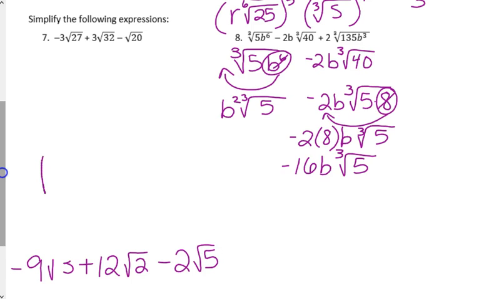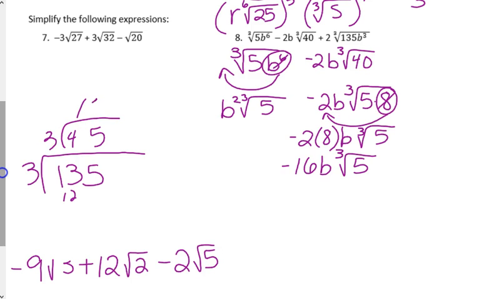So let's go ahead and do the prime factorization of 135. 135, let's see, that's going to be 45 times 3, and 15, and then 3 and 5. So we have 3 3s.